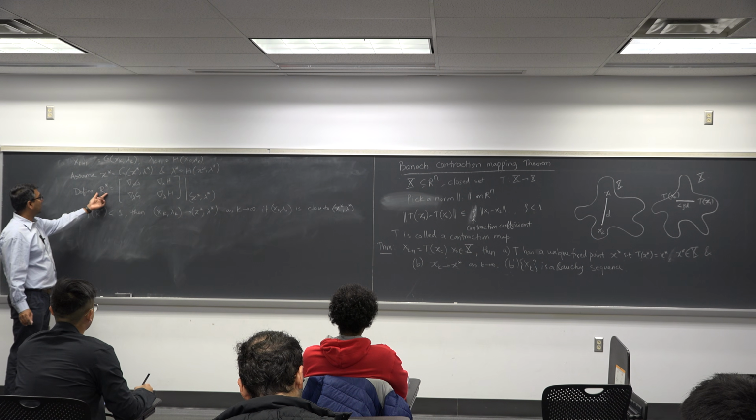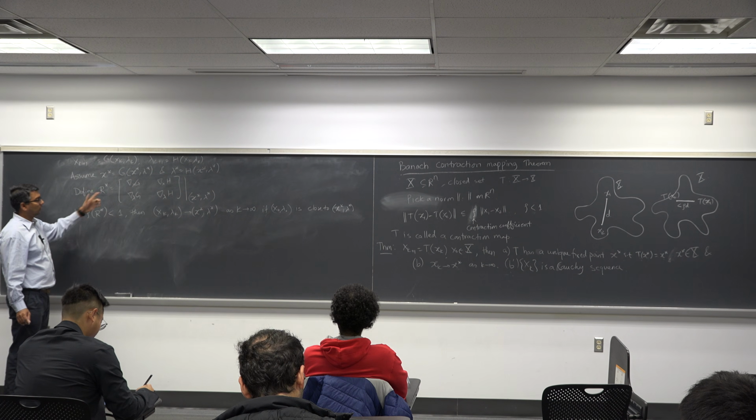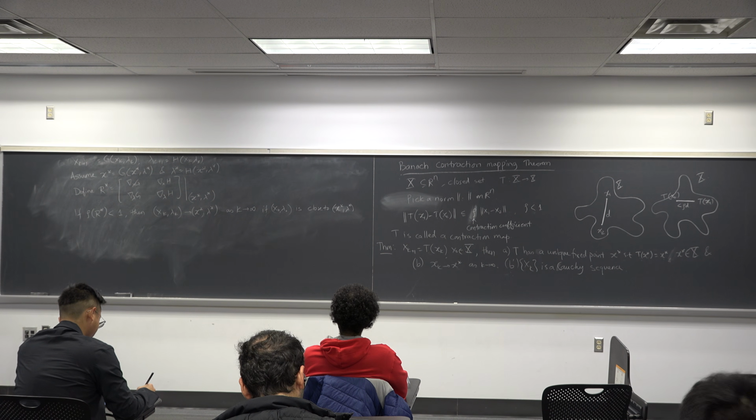Here rho is the spectral radius, the largest eigenvalue magnitude. I'll let you write it and then I'll explain.